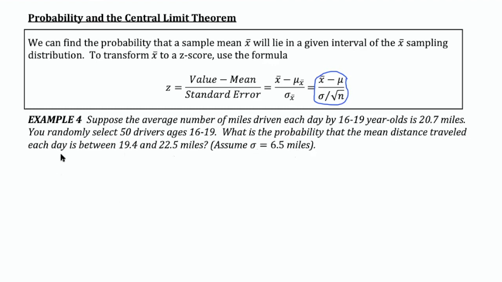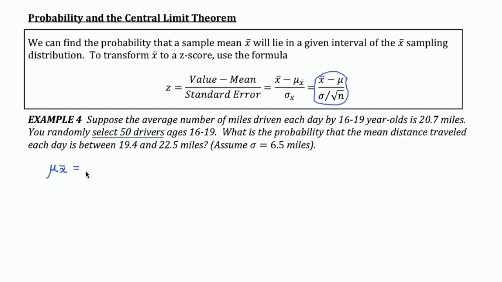So step 1 is, again, you have to verify that the central limit theorem is going to hold. So notice we're selecting 50 drivers, and a sample size of 50 is bigger than the necessary 30, so therefore the central limit theorem applies. I find the mean and the standard deviation of the sample means first.